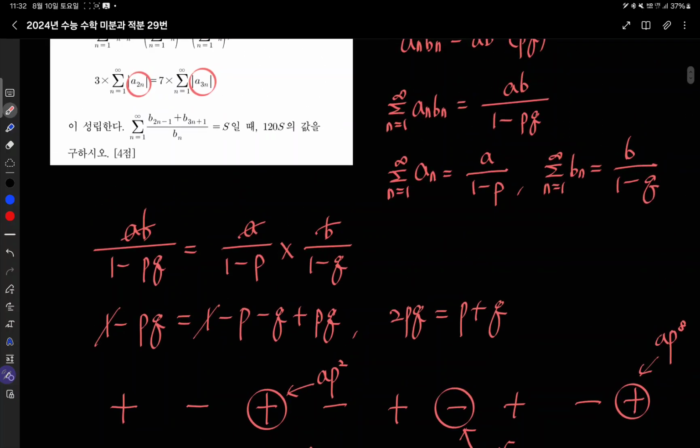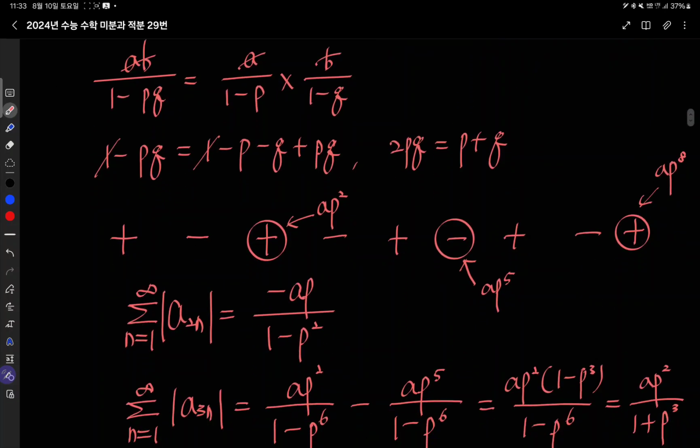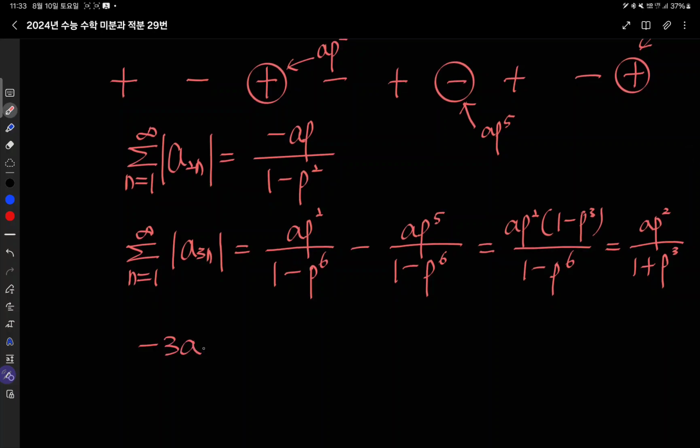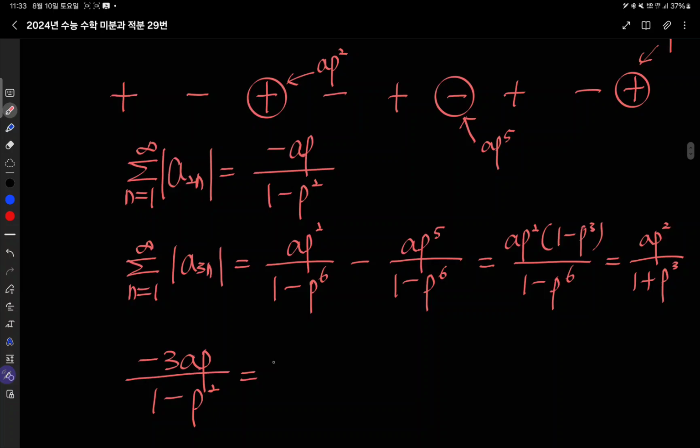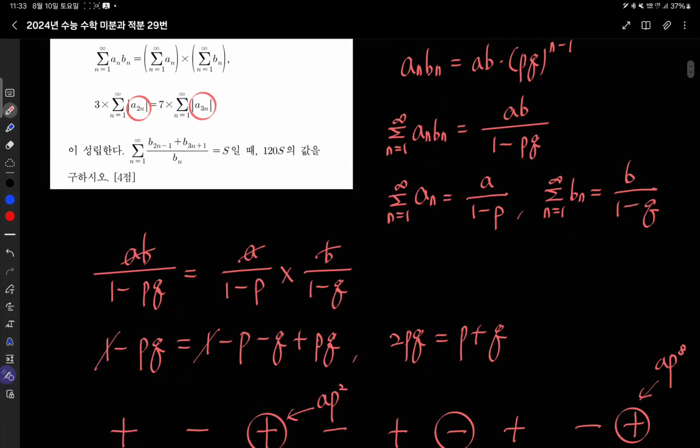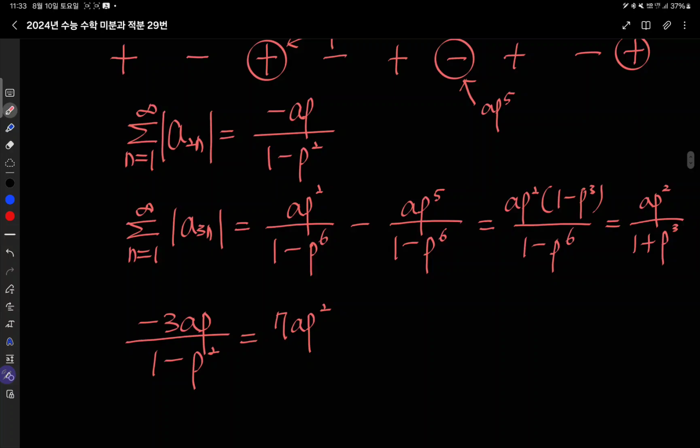And then for the second equation, 3 times the series of absolute value of even terms equals 7 times the series of absolute value of multiples of 3 terms. And we can cancel A and P on the numerator.